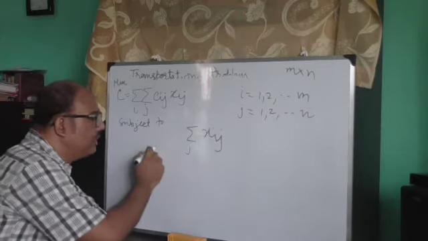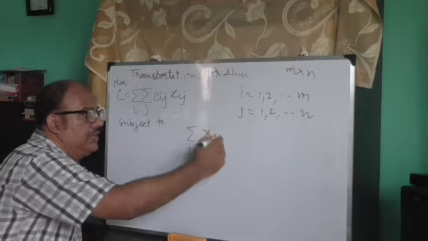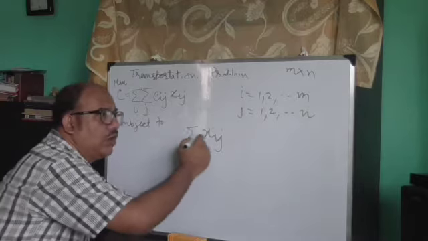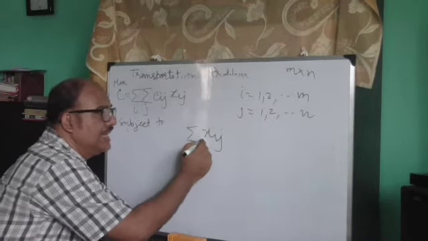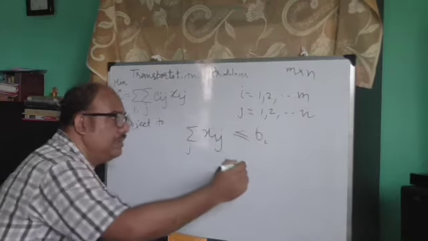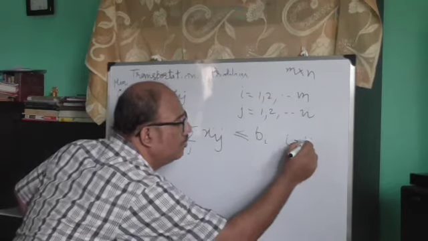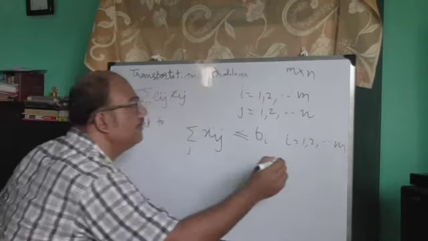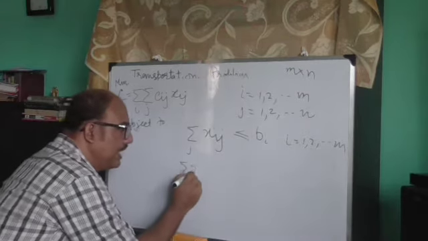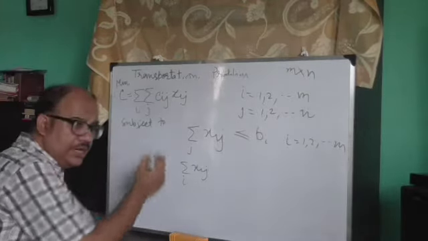For a particular row we have to add all the amounts that we have transported, so the column will be variable. So the summation of xij will be less than or equal to bi, where bi is the availability for i equals 1 to m. And for the columns it will be the summation of xij, sum over i. So this gives my demand.